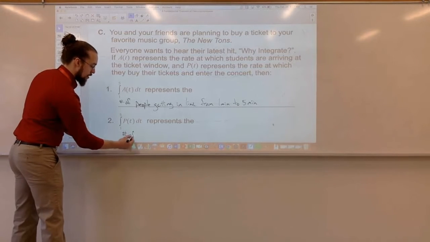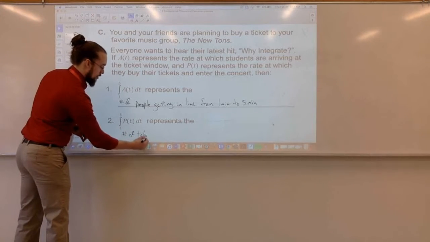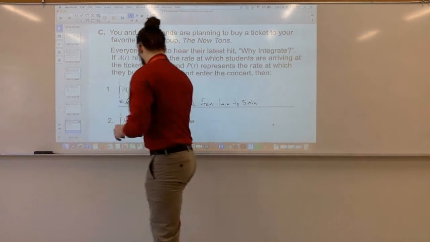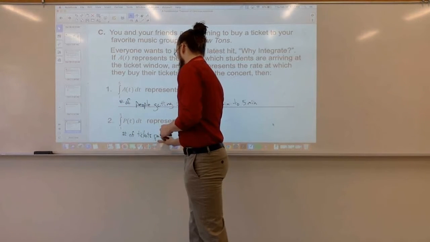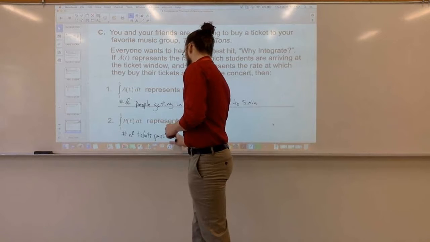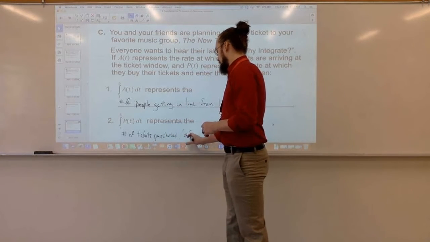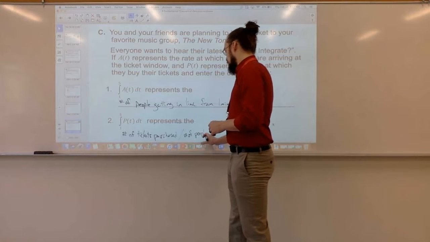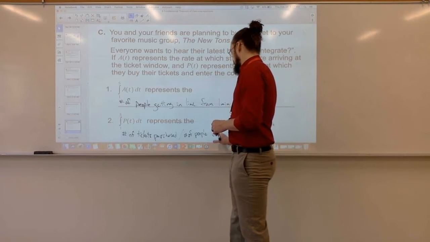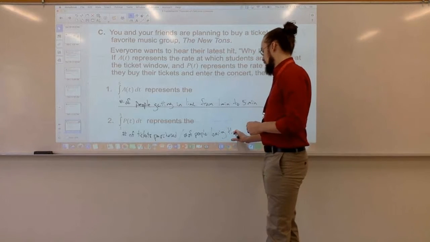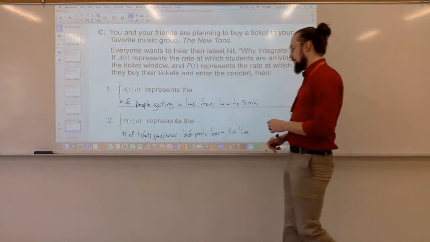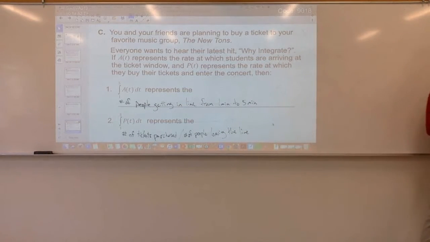So we can say number of tickets purchased, which also means number of people leaving the line and entering the concert.